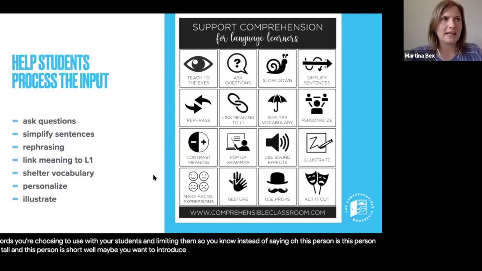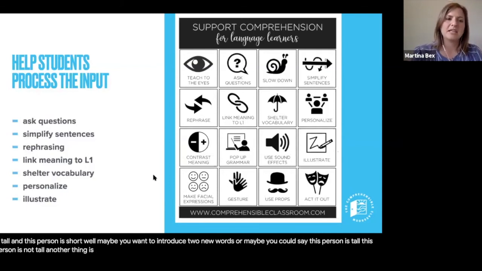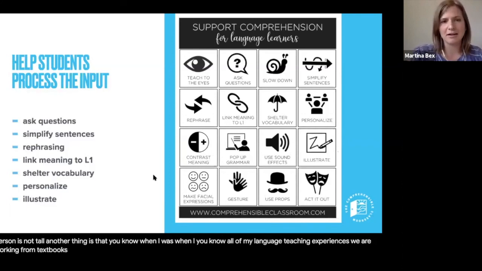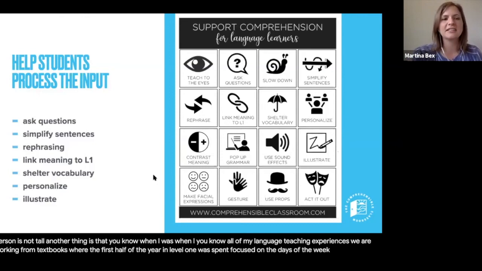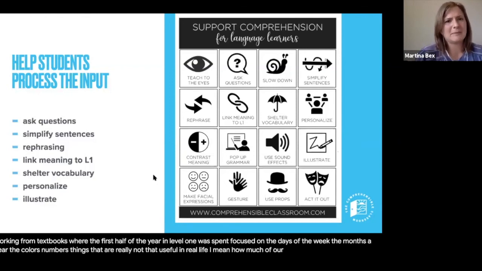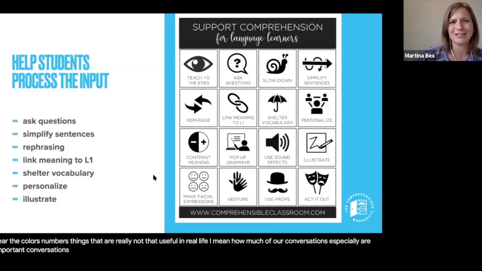Another thing is that, in all of my language teaching experiences, we were working from textbooks where the first half of the year in level 1 was spent focused on the days of the week, the months of the year, the colors, numbers, things that are really not that useful in real life. I mean, how much of our conversations, especially our important conversations, are focused around the days of the week?